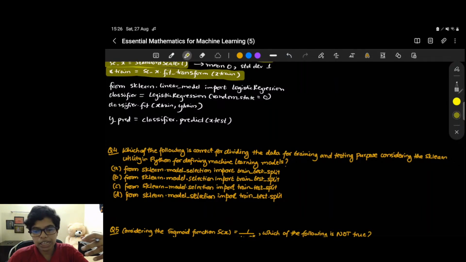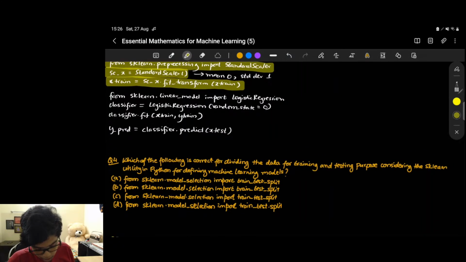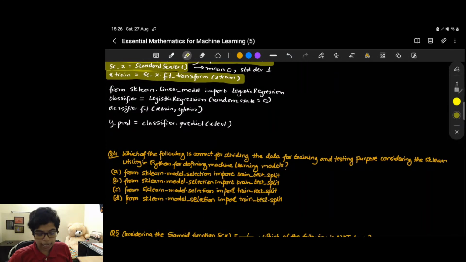One part we use for training our classifier, and the other part we use for actually testing. We will run the classifier on the testing data after training it, and see whether it is able to classify or predict the values correctly. So that is the utility of splitting the data into training and testing data sets.